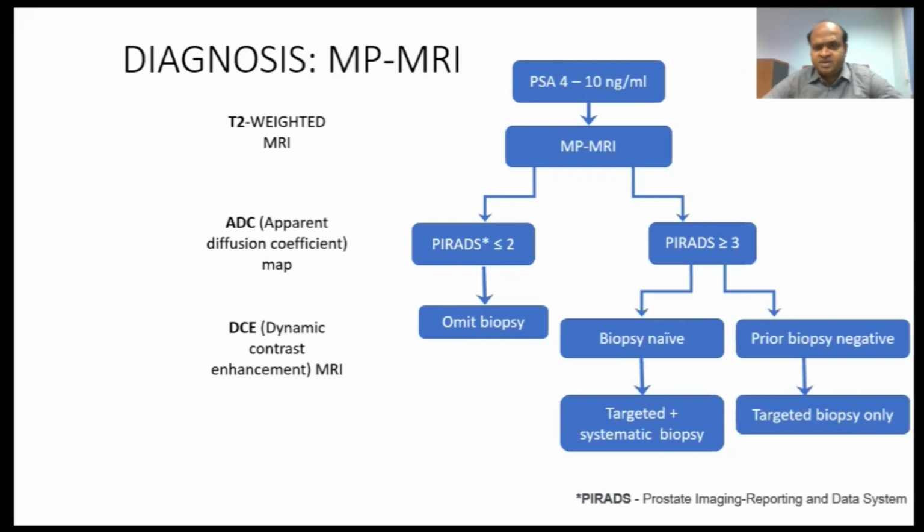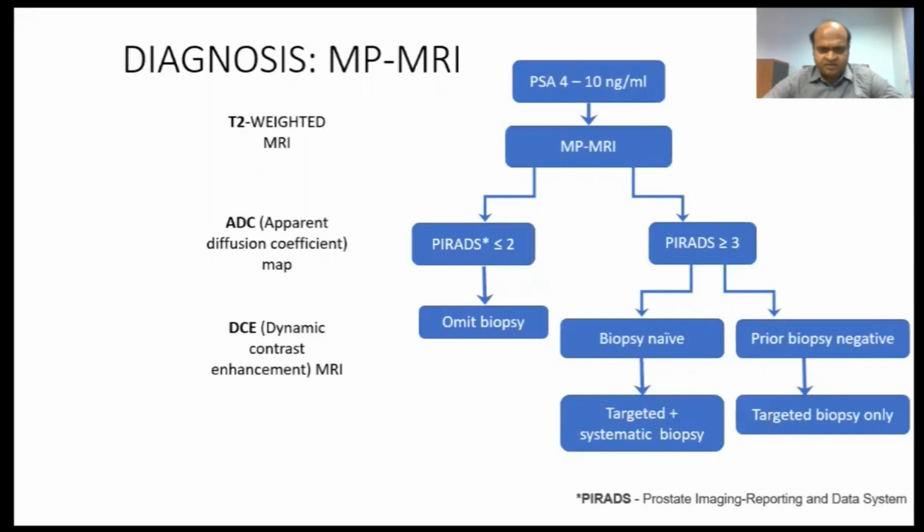So in this group of patients, before going to biopsy, we can do an MP-MRI, and based on T2 weighted MRI images, ADC values, and dynamic contrast enhancement pattern in MRI, the Prostate Imaging Reporting and Data System has given a 1 to 5 grading.